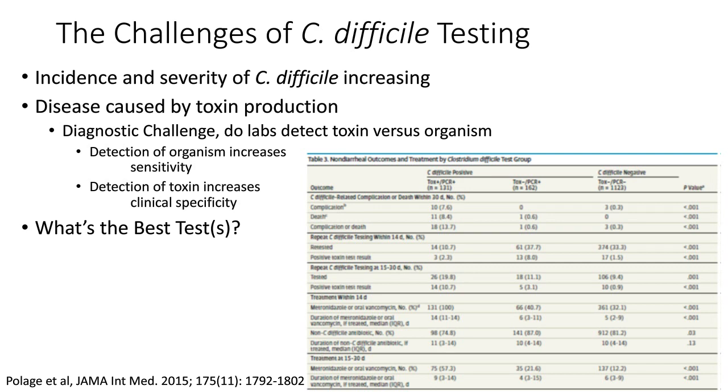What they largely find is that PCR, while more sensitive, can be associated with treatment of patients that may be colonized or may be less sick as compared to those patients that were toxin positive.